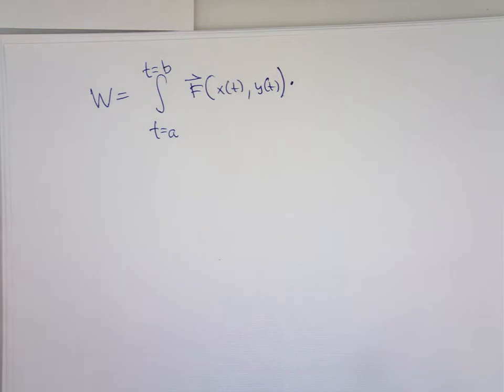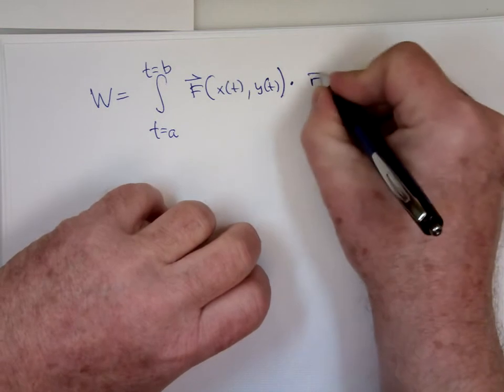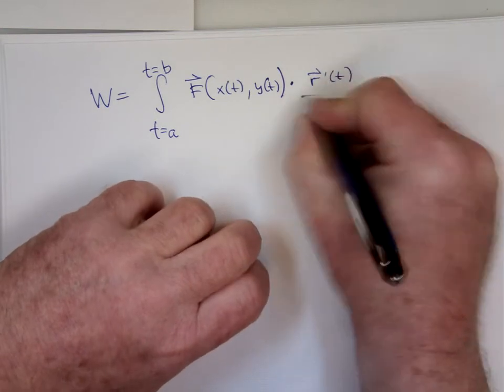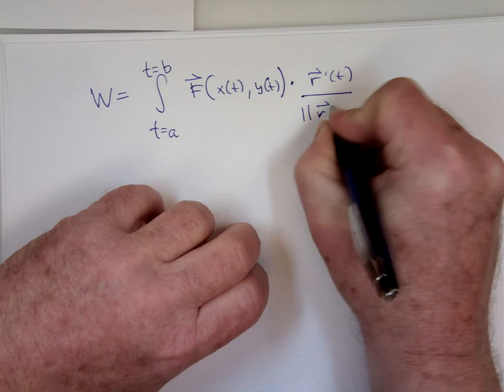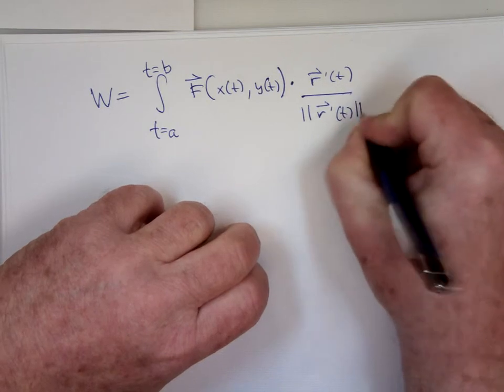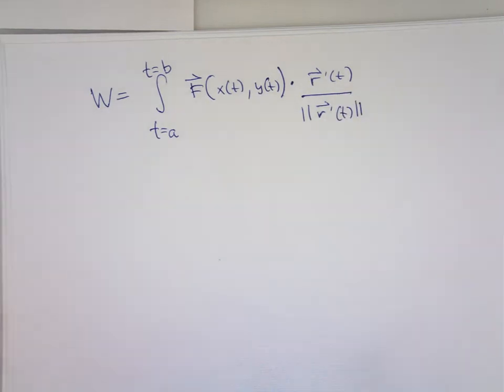It's r prime of t divided by the magnitude of r prime of t. It's the velocity divided by the speed. You take the derivative of your position divided by the magnitude of that derivative. That gives you the unit tangent vector. The unit tangent vector is your velocity vector made into a unit vector, and it's tangent to the path.